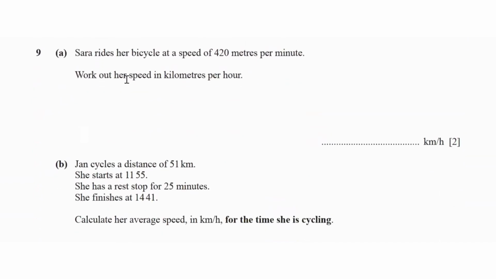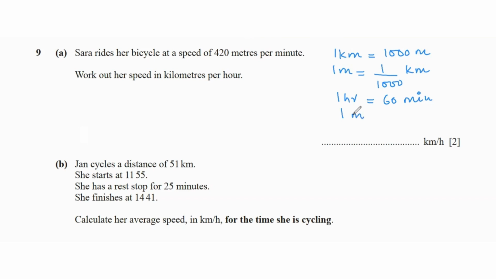Next question says that Sarah rides a bicycle at a speed of 420 meters per minute. Work out its speed in kilometers per hour. So to go from meters per minute to kilometers per hour, we know 1 kilometer has 1,000 meters. So 1 meter is 1 over 1,000 kilometers. Similarly, 1 hour is 60 minutes.